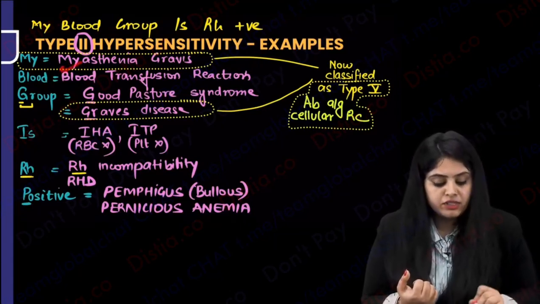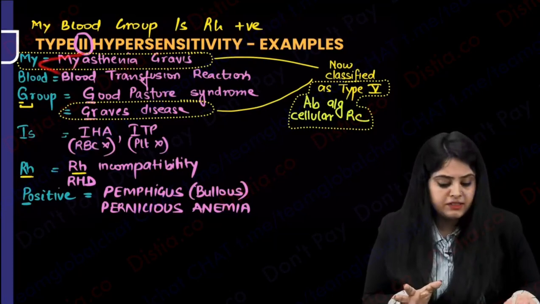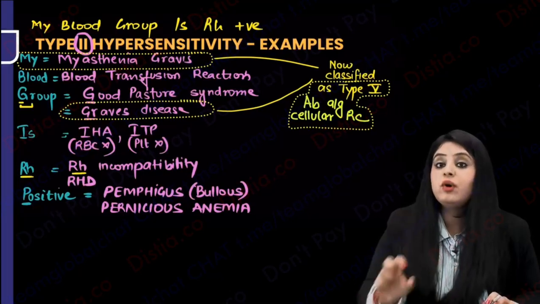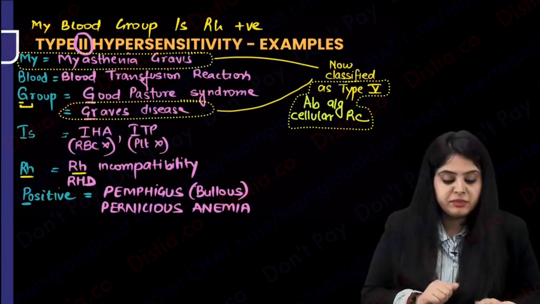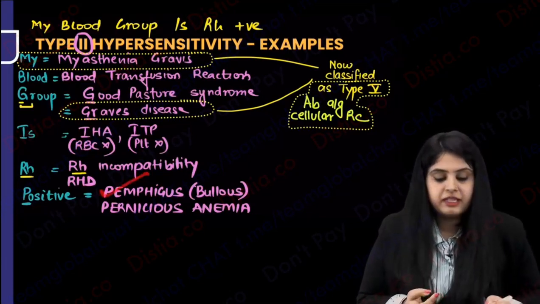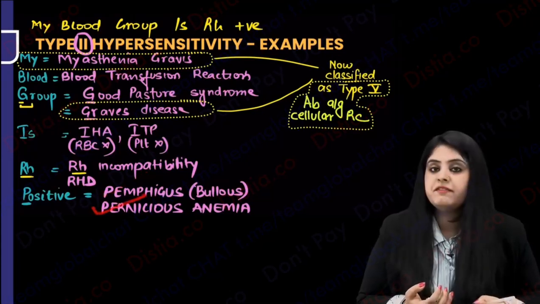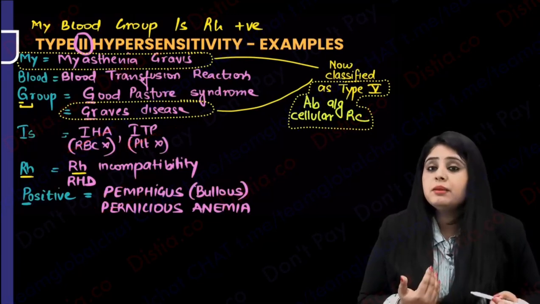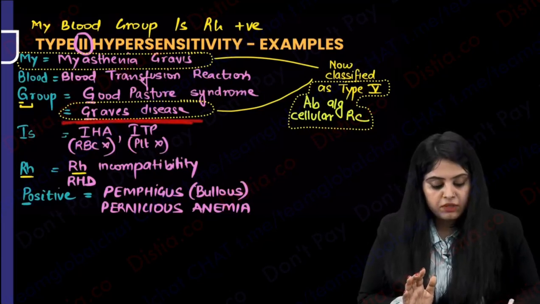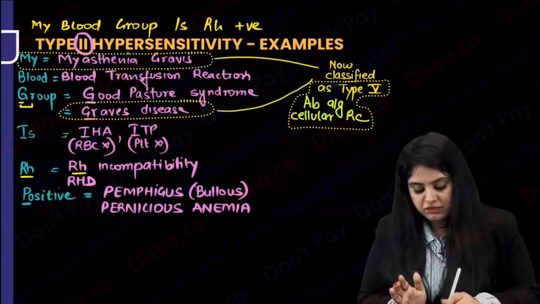That is important. One more thing that I want to tell you here. Whenever the antibody is acting in any of these diseases, the antibody is spoiling things. The antibody is destroying things or suppressing things. Means here acetylcholine will not work. Here the skin problem is going to happen. Here B12 deficiency will happen. Here RBCs are gone. Here platelets are gone. It is always about loss that I'm talking about. But there is an exception in Graves' disease.